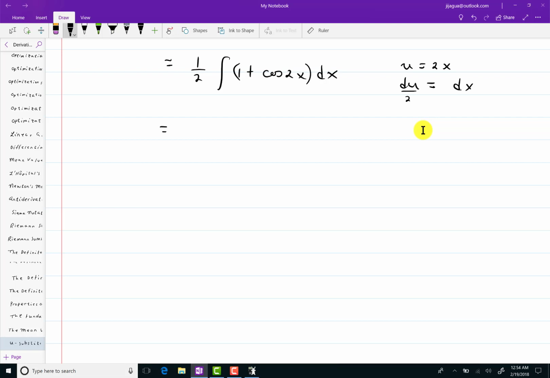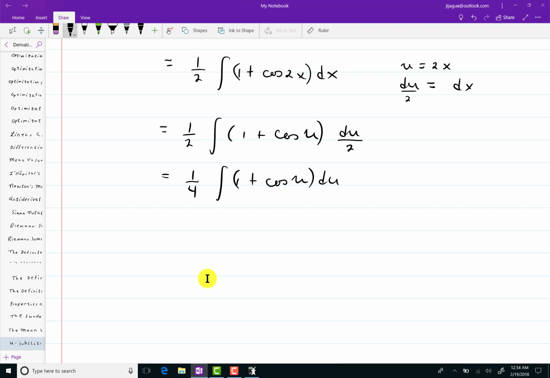Here's what I have. 1/2 the integral of 1 plus cosine of u times du over 2. That equals 1/4 the integral of 1 plus cosine of u du.